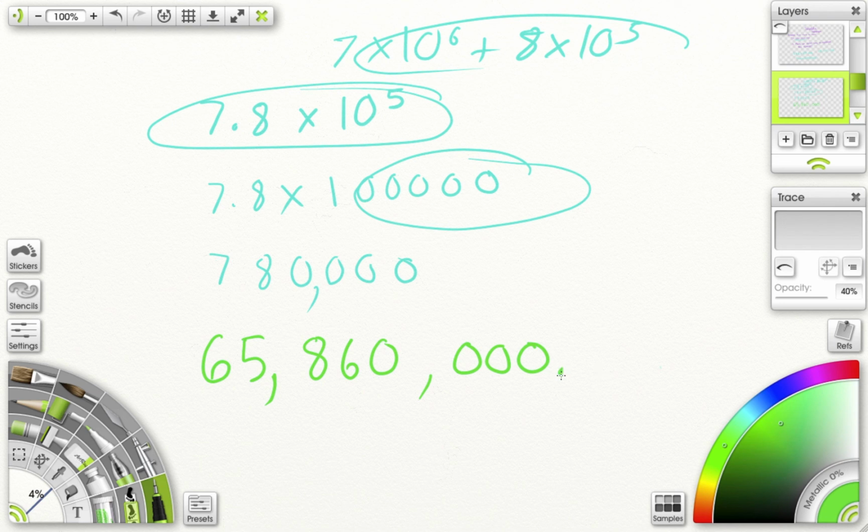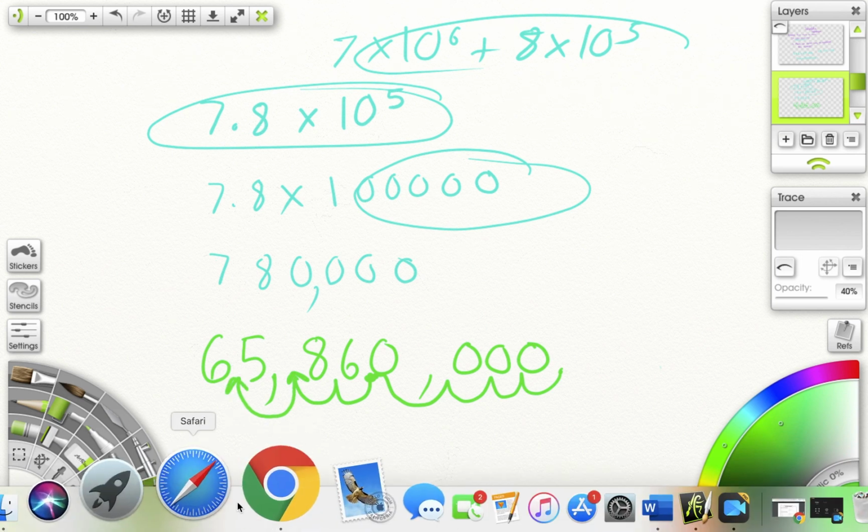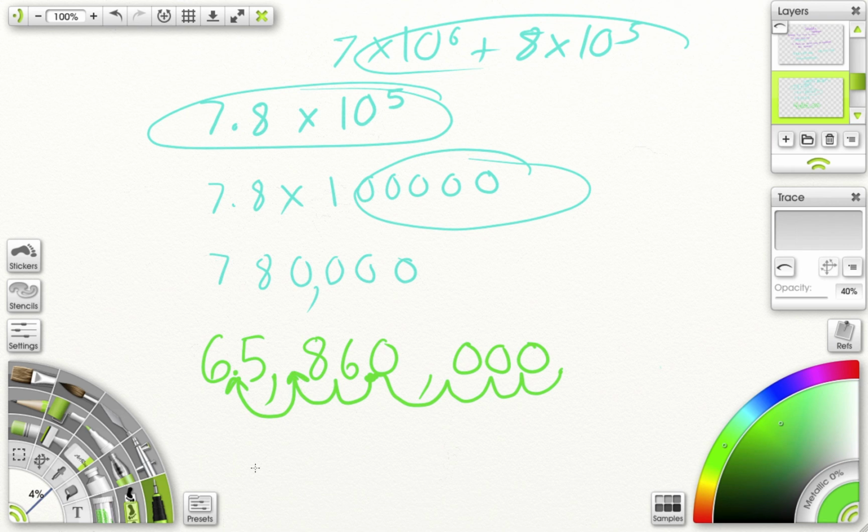I take this decimal, I go 1, 2, 3, 4, 5, 6. Usually it's nice to just put it in there. I can even go one further and do 7. Okay, so I can just do 6.586. So you only really go up to how many numbers you have. The zeros you can just toss behind.